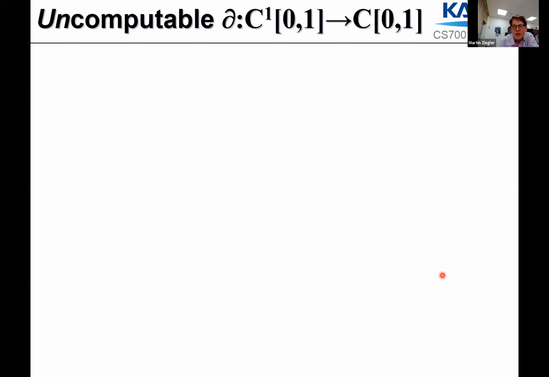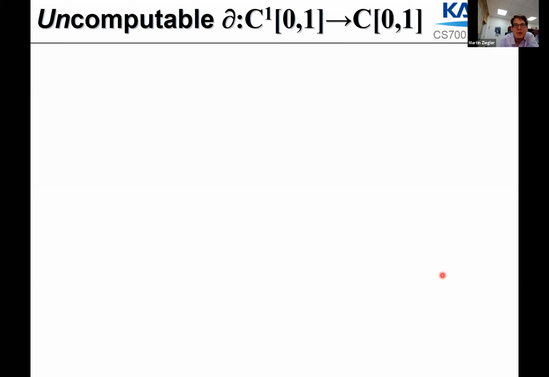A function which is continuously differentiable and computable, but its derivative, which exists and is continuous by hypothesis, is not computable. The point is that the function we're going to construct is going to be computable in the sense that it can be approximated by Weierstrass polynomials, but we're not going to approximate its derivative. And that's the whole point, right?